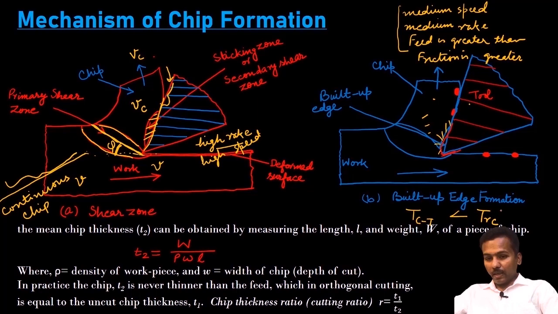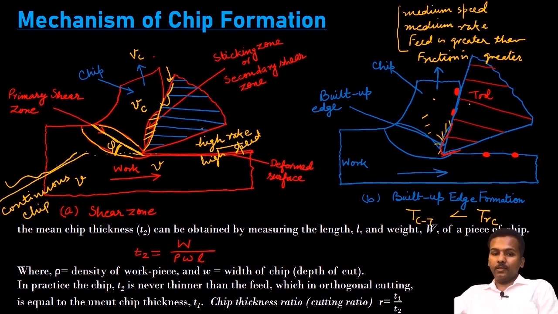recrystallization temperature. What happens if the temperature of the interfacial zone is greater than the recrystallization temperature? Then the strain hardening that is being developed is compensated by the softening at higher temperature, because above the recrystallization temperature new crystals will form. So recrystallization will compensate or even nullify the effect of strain hardening at the interfacial zone.